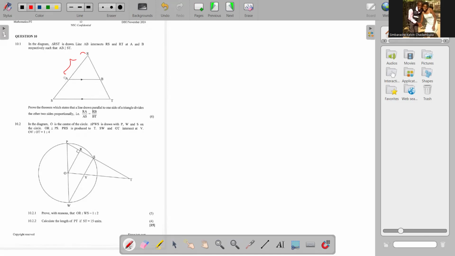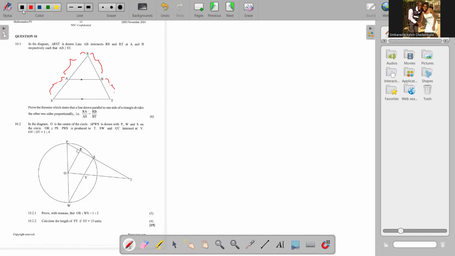RA over AS, this part, will be equal to RB, which is this part, over BT, which is this part.